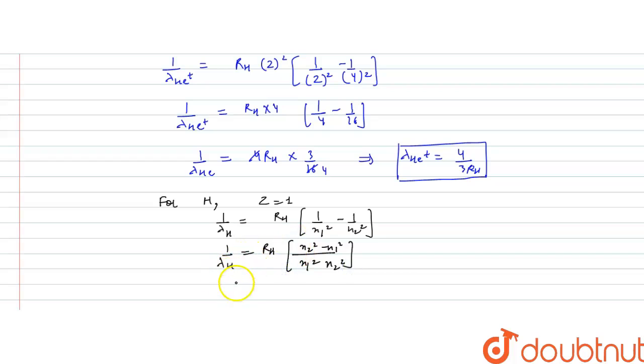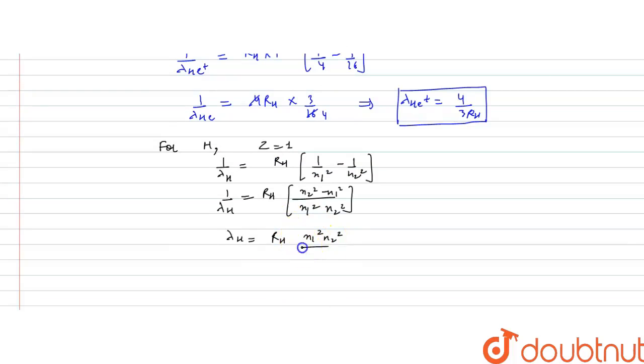Now if we reciprocate this, then lambda H is equal to 1 upon RH into n1 square n2 square divided by n2 square minus n1 square.